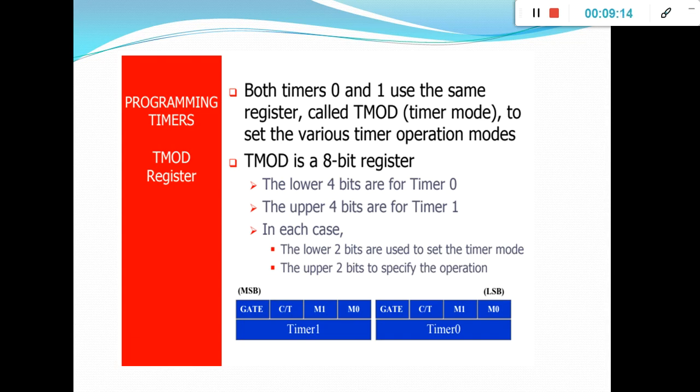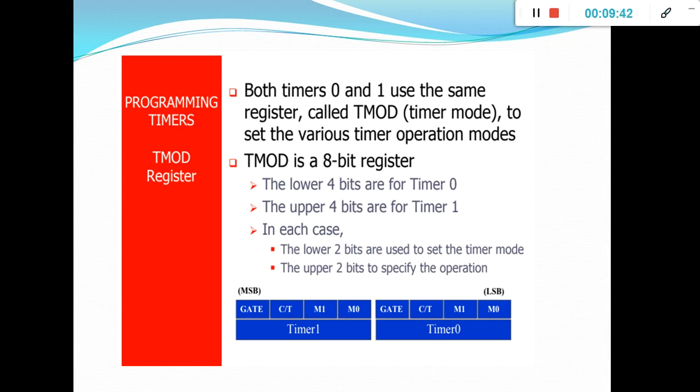Using it, you can set the various timer operation modes, and even declare which timer you are going to use. Suppose you are using timer 0 or timer 1, you set the value in the TMOD register. So before writing a timer program, the first thing you have to do is set the TMOD register.